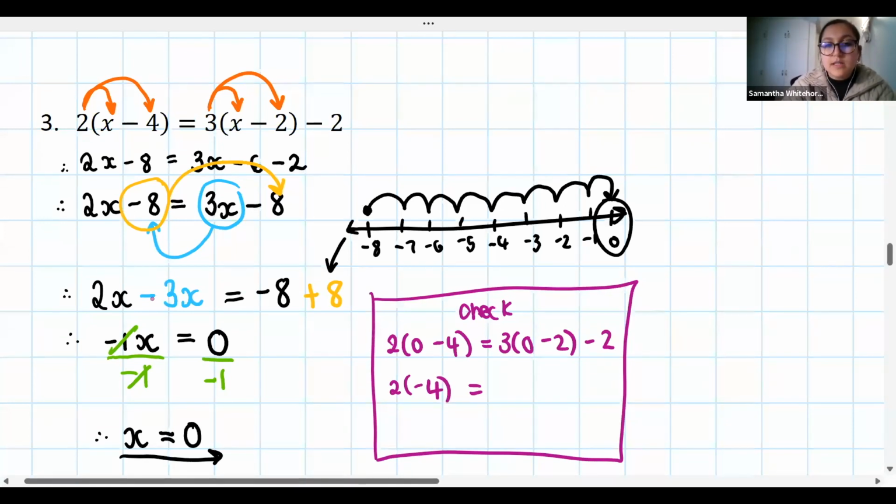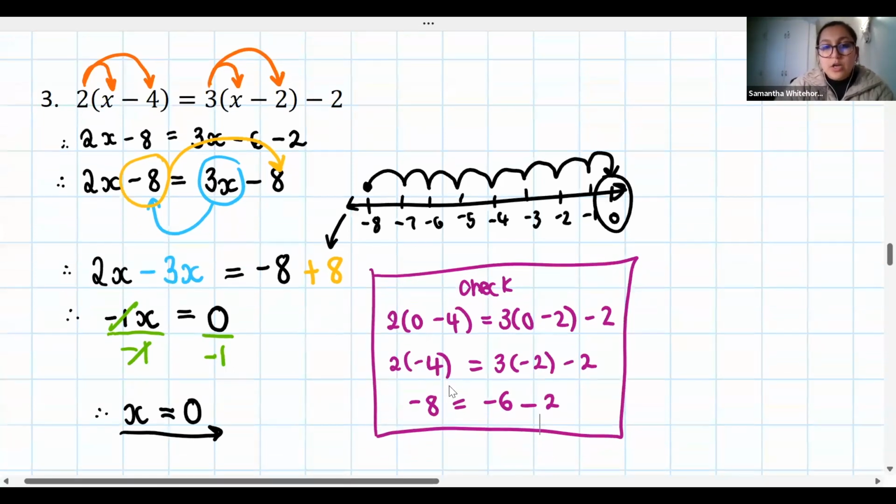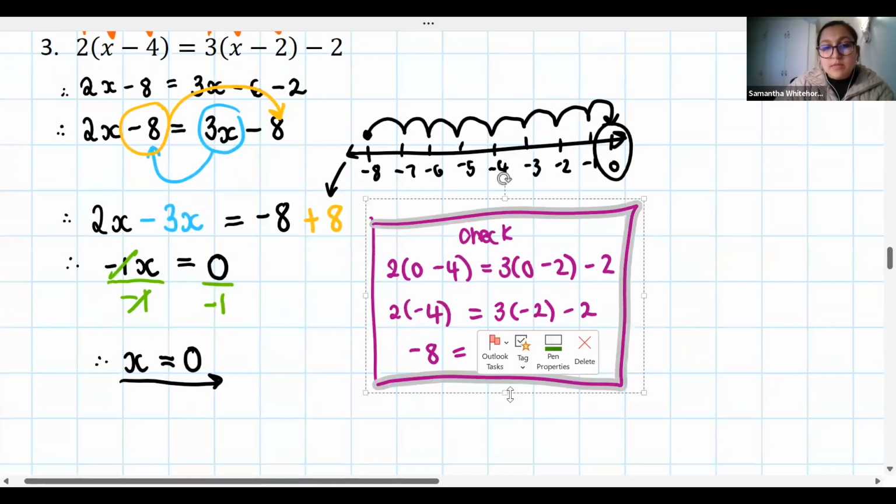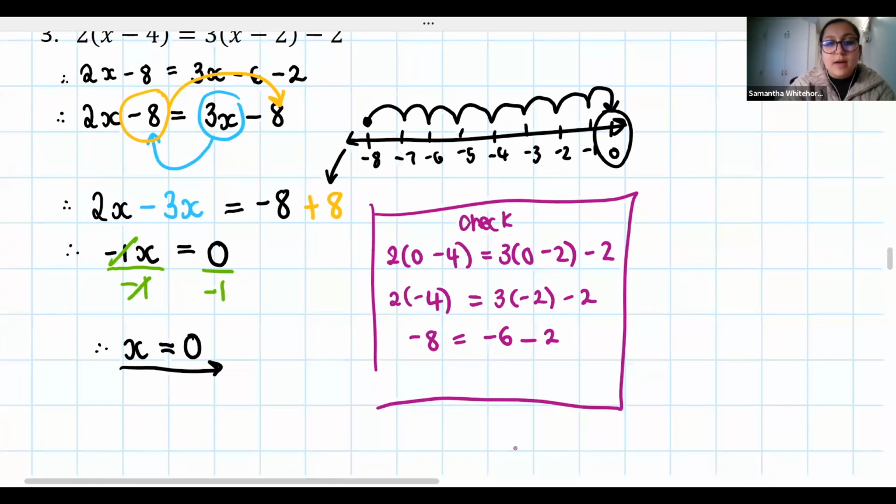On the right-hand side, 0 minus 2 is -2. So now we do our multiplication. 2 times -4 is -8. 3 times -2 is -6 minus 2, which gives us -8. And -8 is equal to -8.